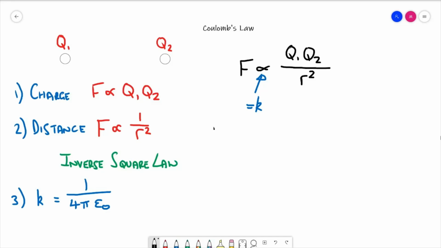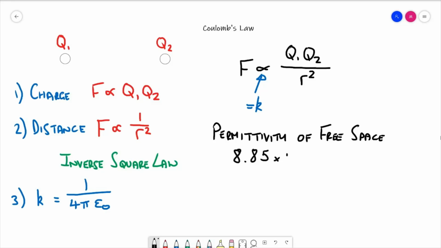The name for epsilon naught is the permittivity of free space. And the value for it is 8.85 times 10 to the minus 12. The unit is farads per metre.